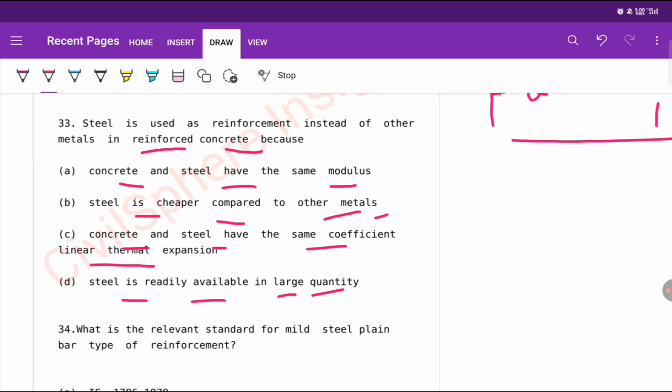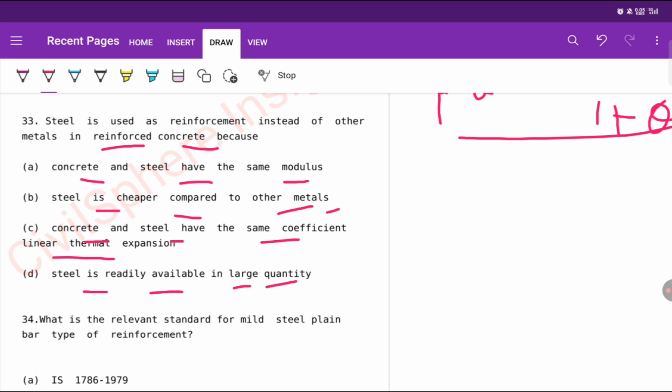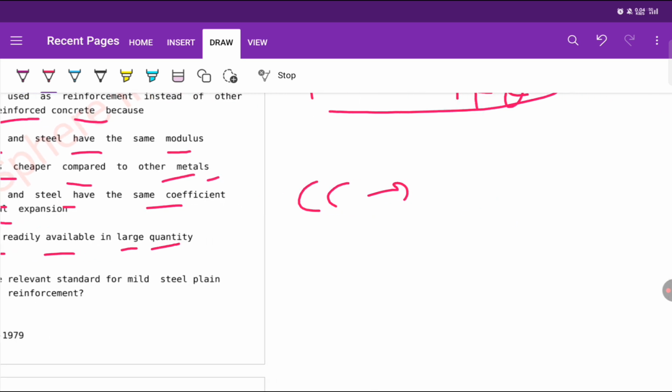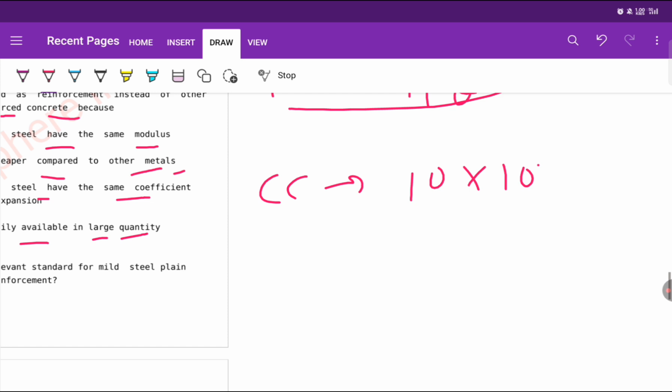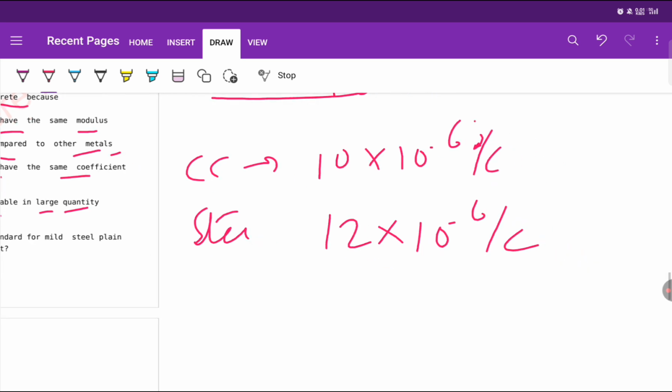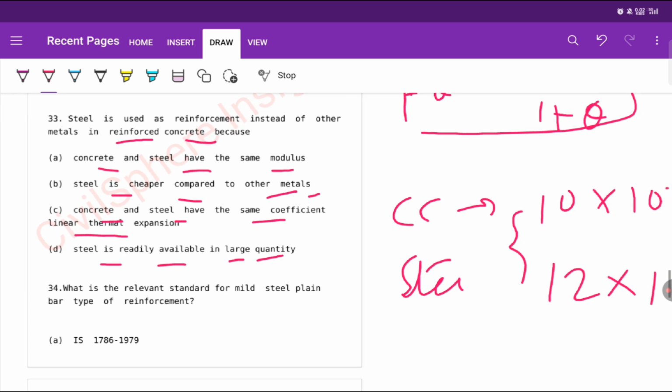Which option is correct? Steel gives more strength per unit length compared to other materials. And concrete and steel have nearly equal coefficients of thermal expansion. Concrete is in the range of 10 into 10 raised to power -6 per degree Celsius, and steel is 12 into 10 raised to power -6. So nearly equal, that's why option C is the correct answer.